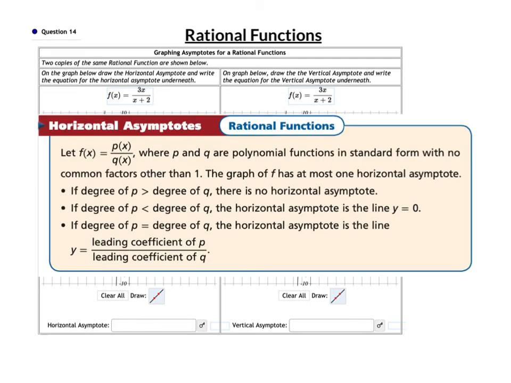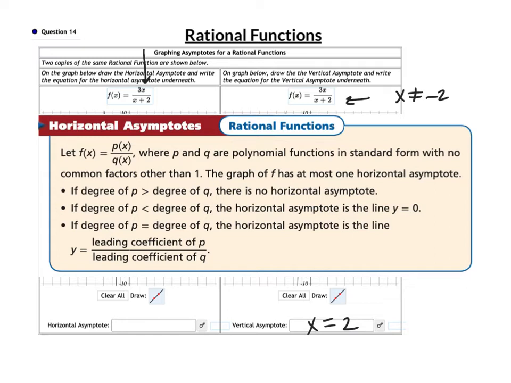Question 14. Vertical asymptotes come from the denominator, so I'm going to do that one first. We can look in the denominator and see that x cannot be negative 2, which means we have a vertical asymptote at x equals negative 2. The horizontal asymptote, this is a different type of function. It's a rational function.